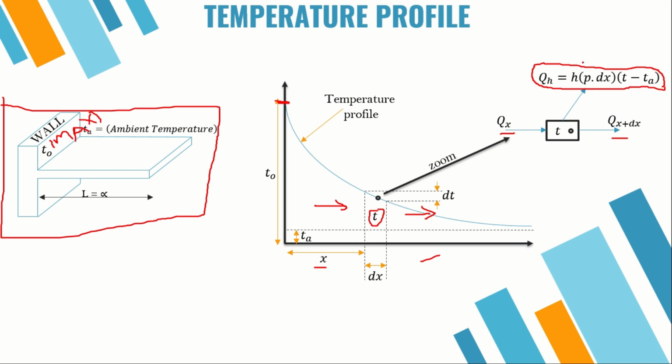So QH is equal to h into P into dx into T minus Ta. Here T minus Ta is the difference between the temperature of this area, T, and the atmospheric or ambient temperature. P here is the peripheral area, meaning the perimeter, and dx here is the small change in the x direction that we have taken.